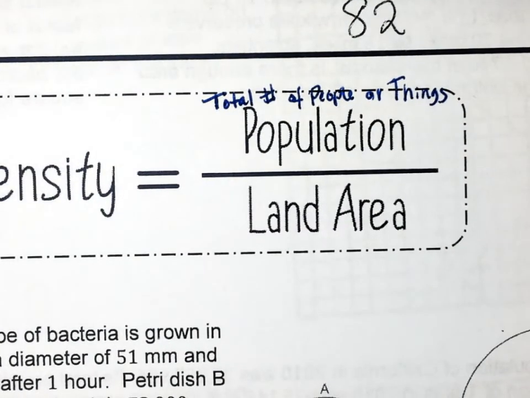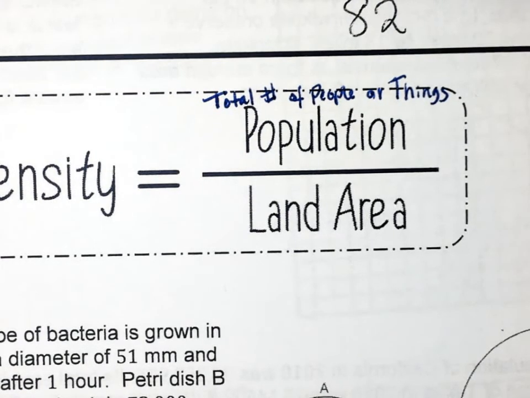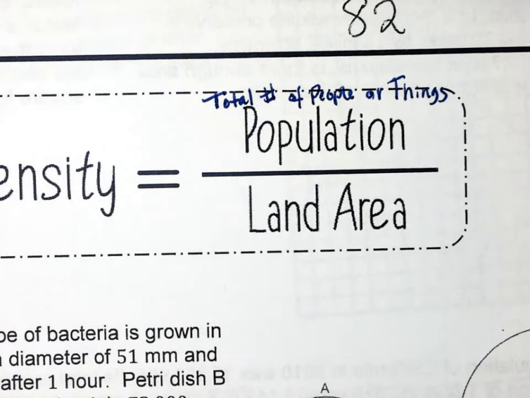A lot of times it is people for population, but sometimes it isn't. Sometimes it's weight. Sometimes, on this first problem, it's the amount of bacteria in a petri dish. It could be other things too. When we get there, I'll point it out to you. But it can be more than just people. Population isn't just considered a person.